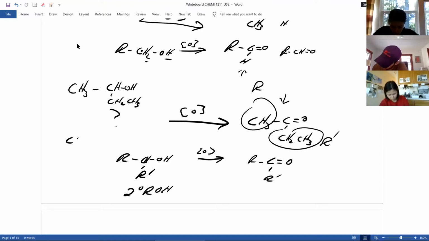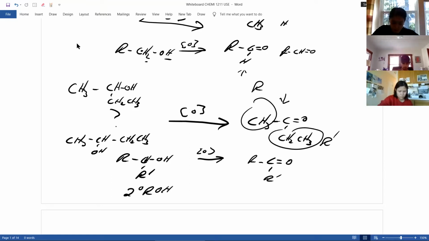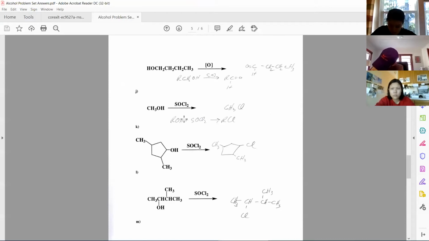Now you could have also written it this way. Either way works for me. And that's how you do a synthesis problem. As I said, on test number 2 there'll be 3 or 4. I've got to sit down this weekend and write it. It's coming up. All right, let's move on.